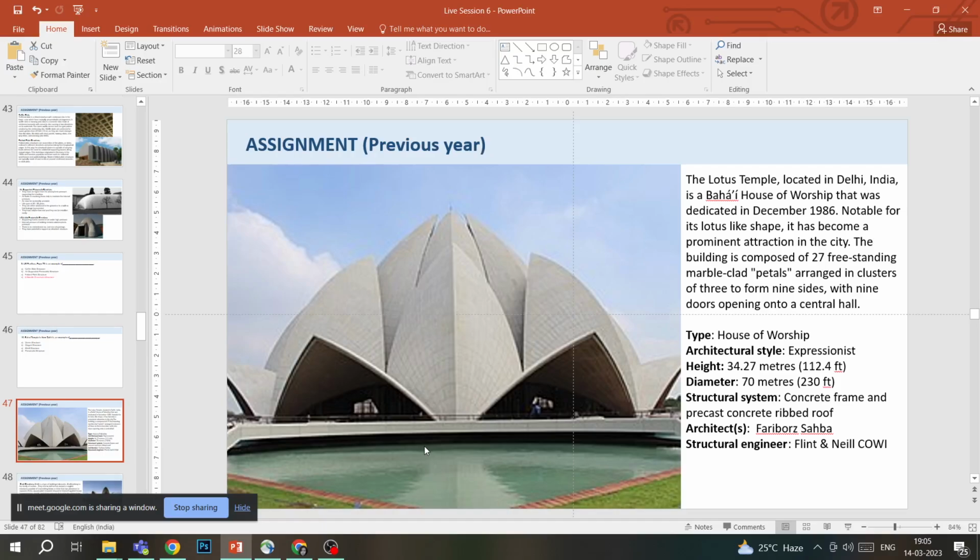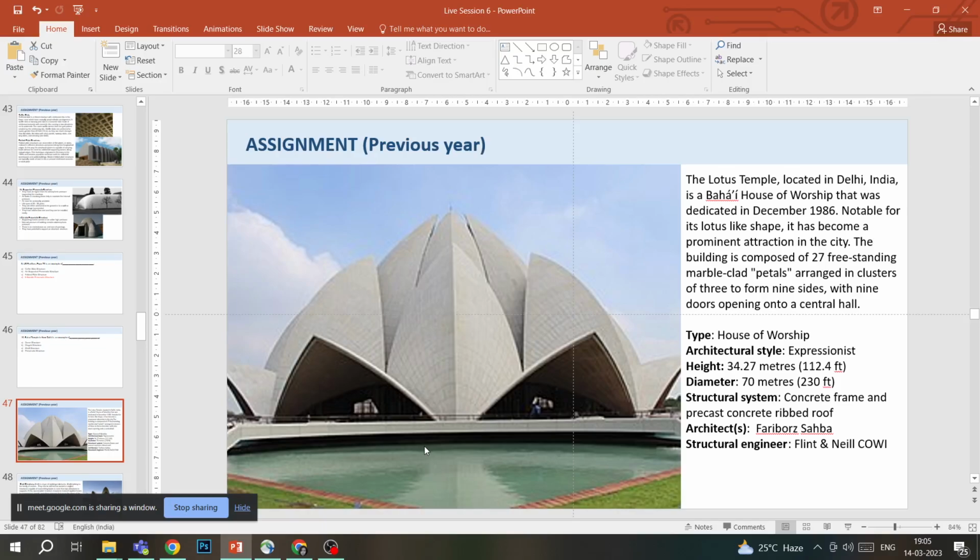So this is what the Lotus Temple looks like. Sorry for a bad image. I could not find a good resolution image. It's a temple located in Delhi, India, a Baha'i house of worship. Baha'i is a religion, by the way. It was dedicated in December 1989, and is notable for its lotus-like shape, and it has become a prominent attraction in the city.